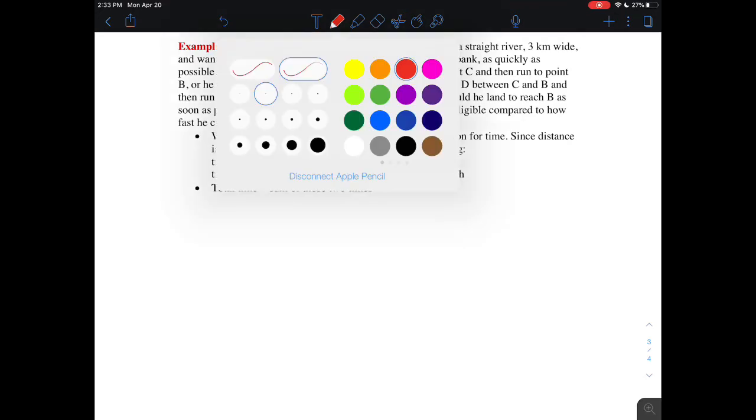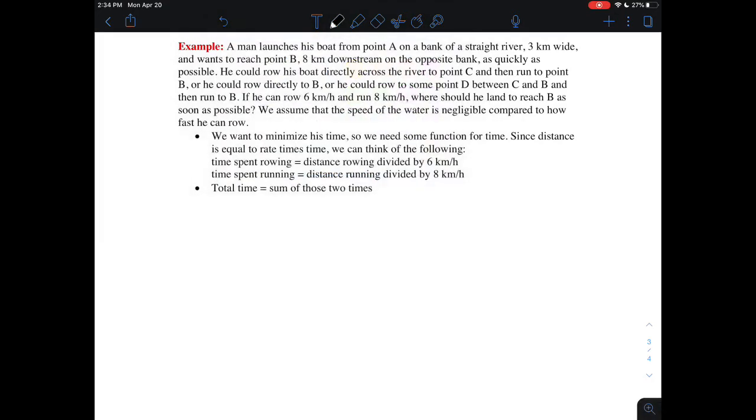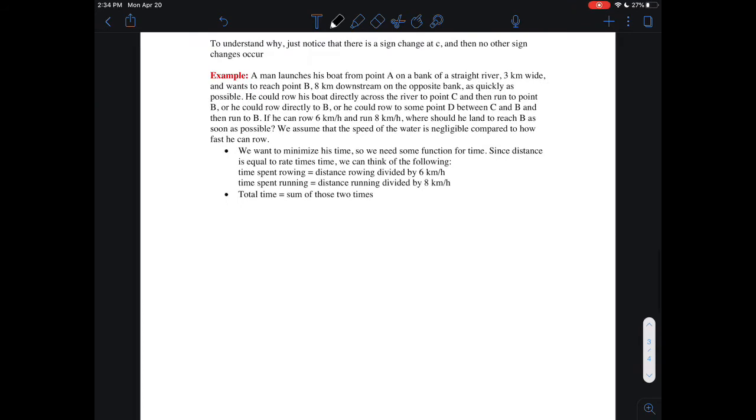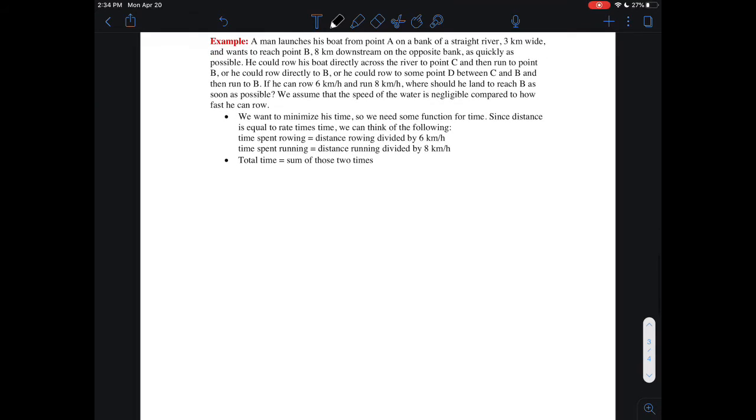Now, if you read that whole paragraph and weren't confused, then I applaud you. Because when I read that paragraph, my eyes start to cross and I immediately think I need to draw a picture just to even see what they mean with A, B, C, and D. So, how about this? This vertical line represents one side of the river, and let's say that this is point A. And then the river is 3 kilometers wide, so let's say that that's 3 kilometers.